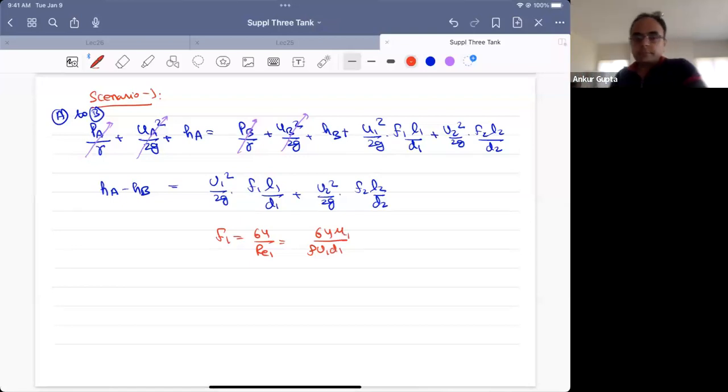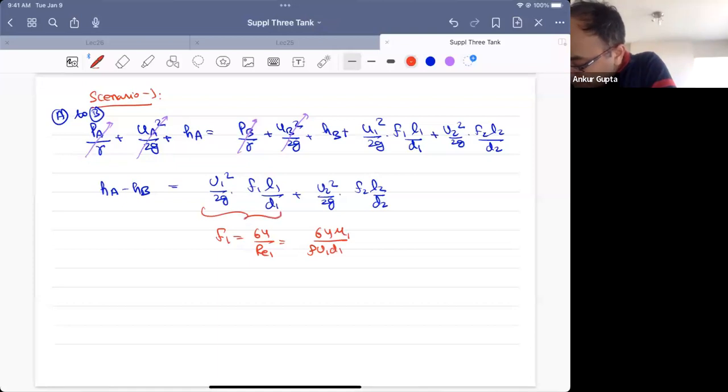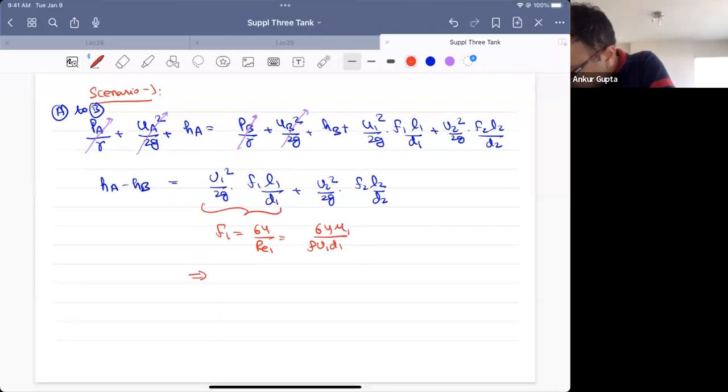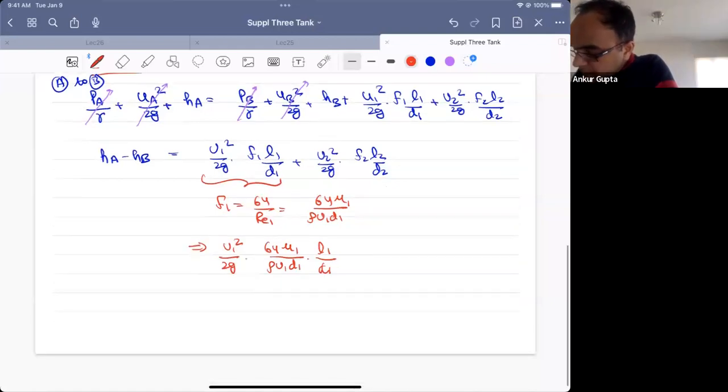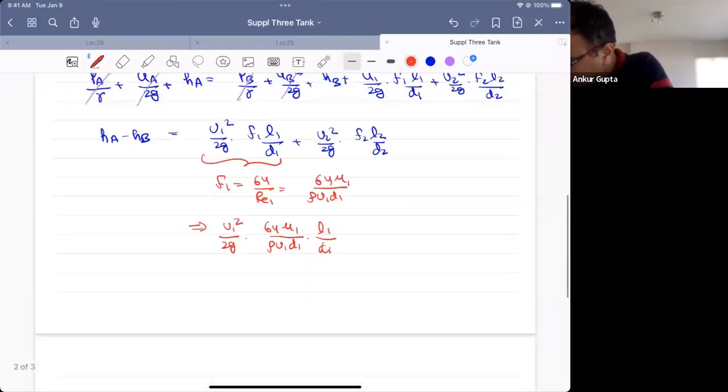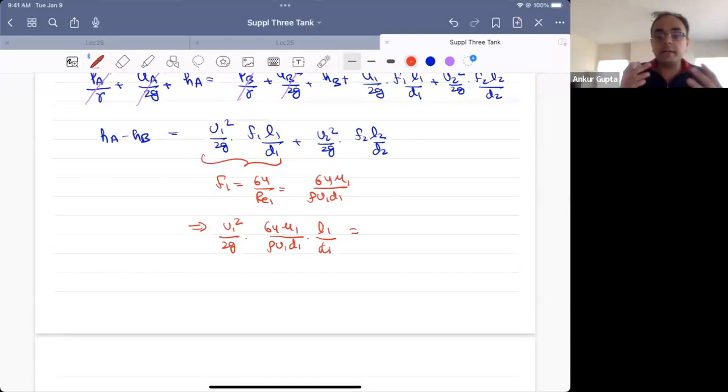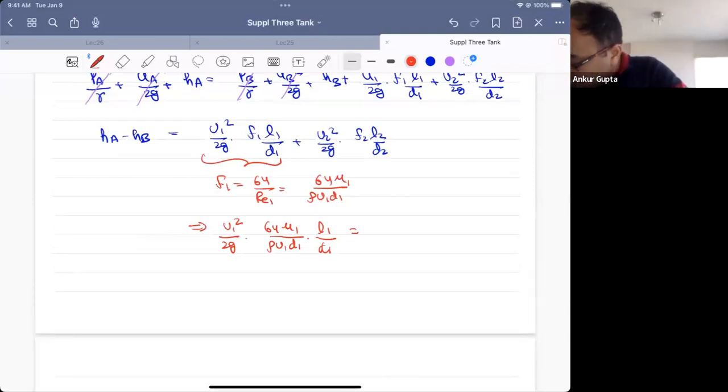And so this implies that U1 square by 2g into f1, which is 64 mu1 by rho U1 D1, times L1 by D1, becomes... I've just substituted the value of 64 by Re in a laminar pipe. It doesn't matter if the pipe is rough or smooth, that's the friction factor. And so one of the U1 gets cancelled.